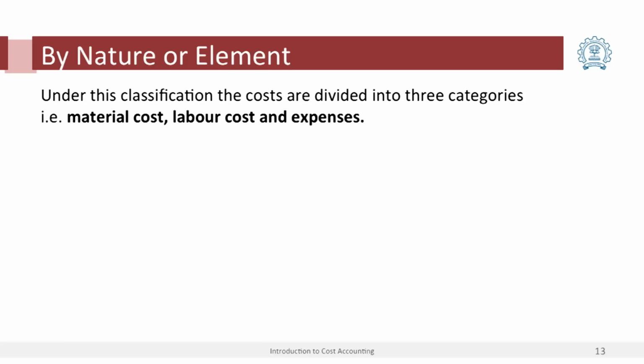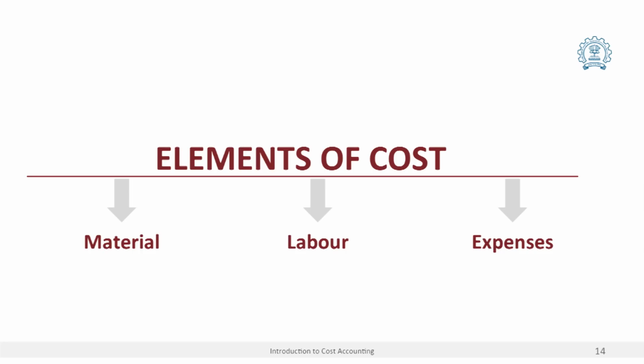Then expenses, these are what we incur on various services which we buy. It could be power, it could be our telephone bills, it could be transportation, and so on. So, this is a very primary type of classification into material, labor, and expenses.